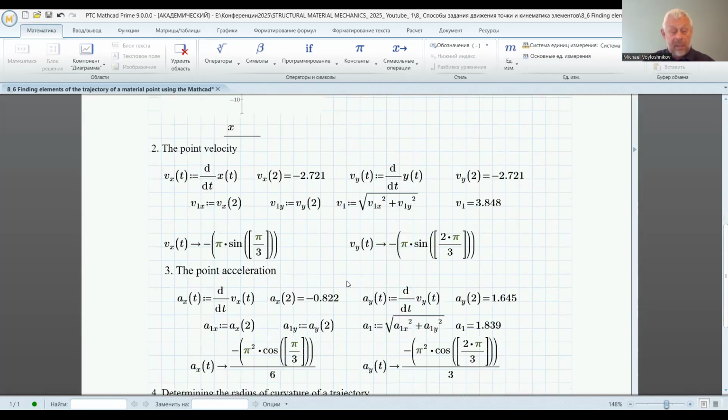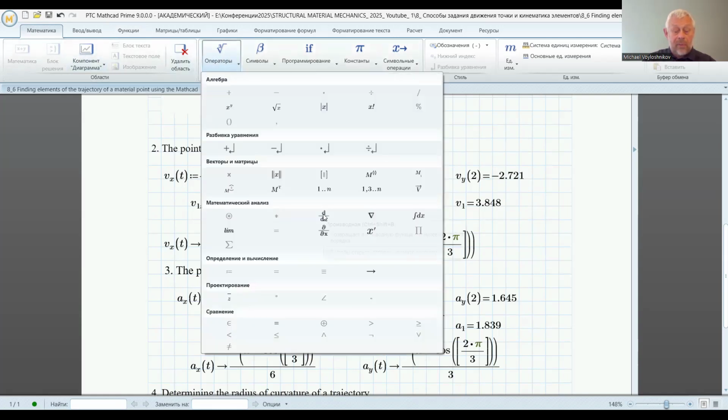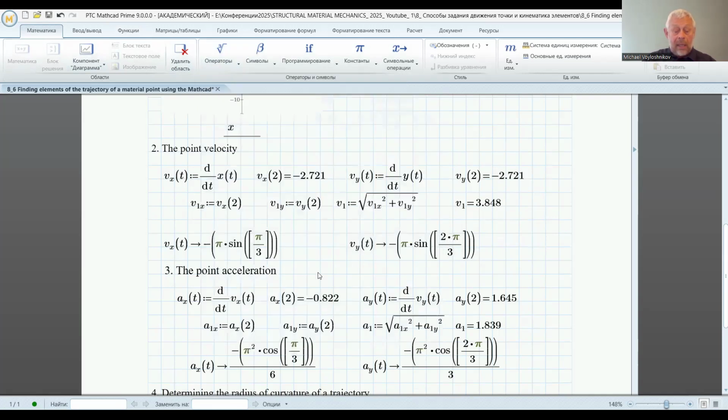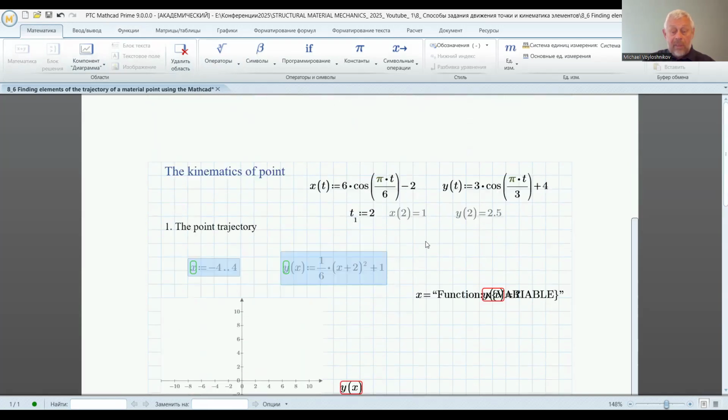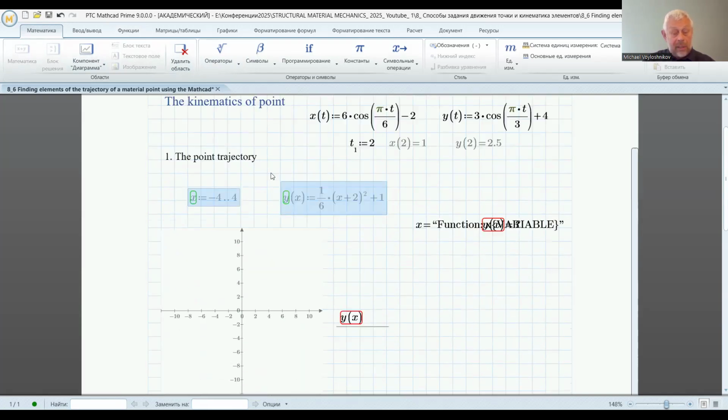So for this parametric dependency on time, we determine the components of the velocity as a derivative, taken from the math operations panel of the Mathcad. We have the same for the derivative by time of the second, the second parametric dependence y on t. With these dependencies, we had the graph of the trajectory to show its shape.